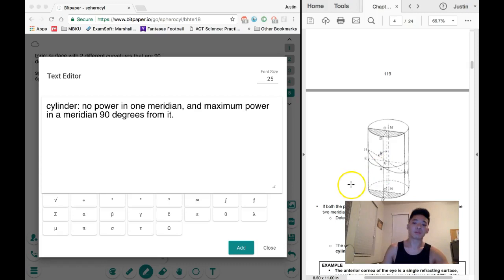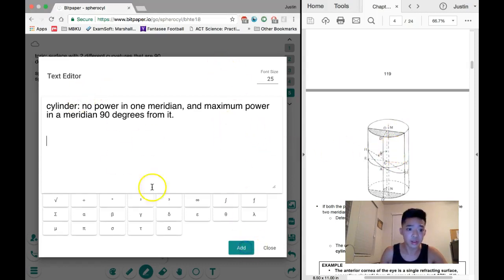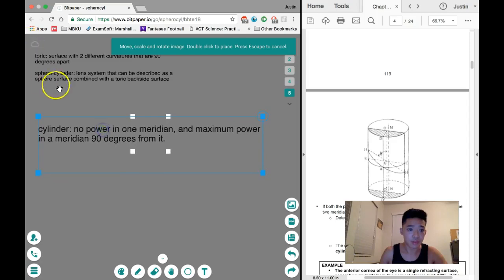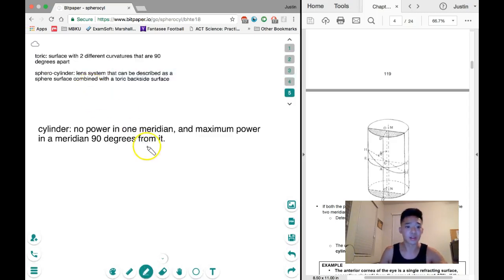But when we're dealing with spherocylindrical lenses, we're not dealing with a pure cylinder. Instead, we're dealing with the spherocylinder definition that is right here. The meridian with maximum power we call the power meridian, and the meridian with no power is your axis meridian.